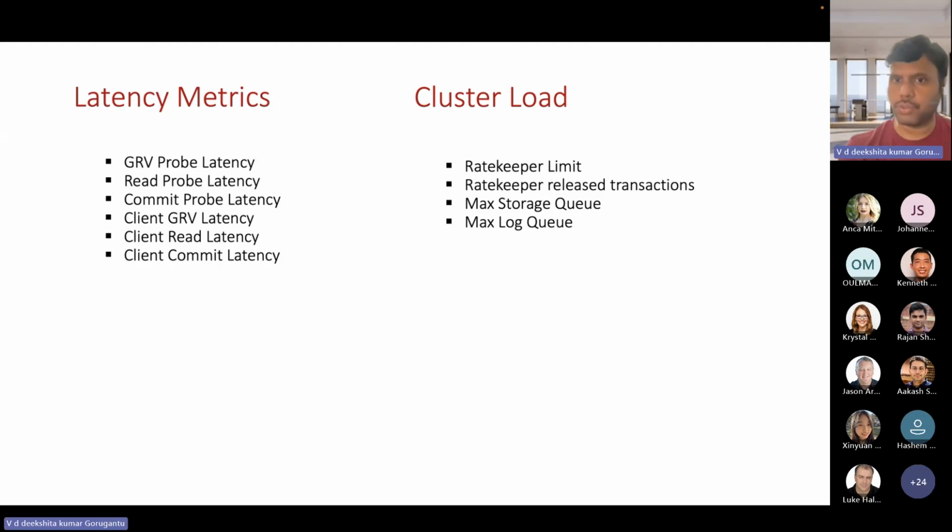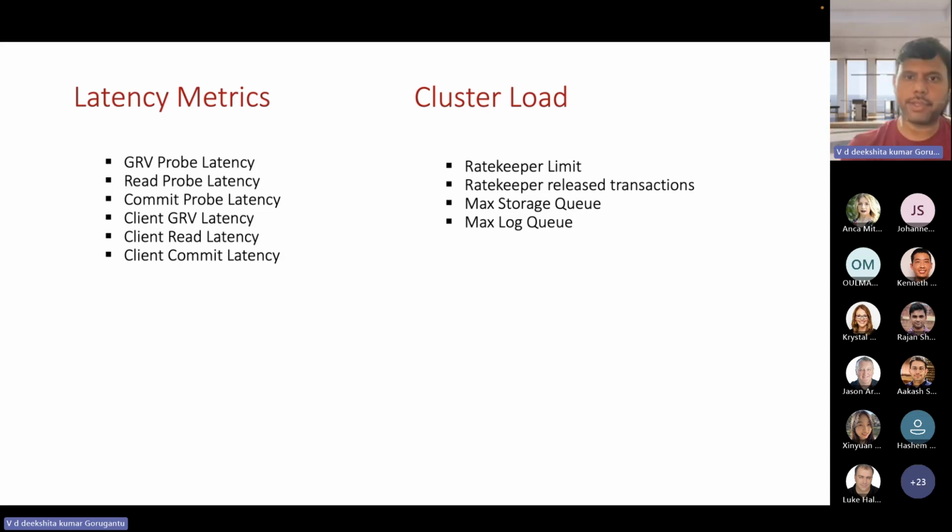And the storage queue is one of the very important metrics, where exactly we are storing the data. Here, it is the largest write queue on the storage system, where data is persisted in memory but not yet committed to disk. That will tell you about the storage queue. The same goes for the log queue.